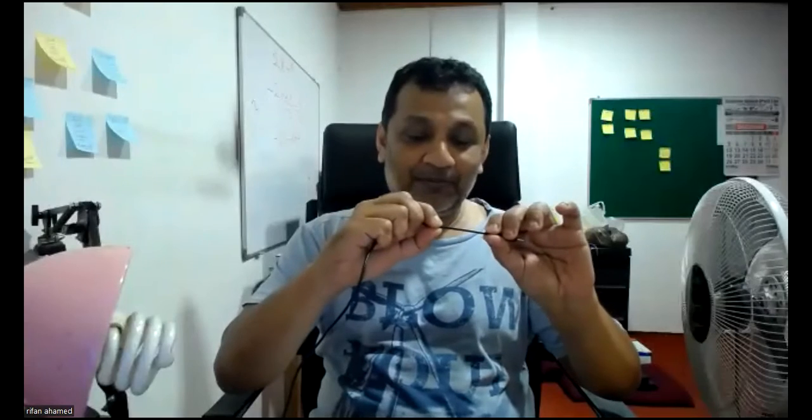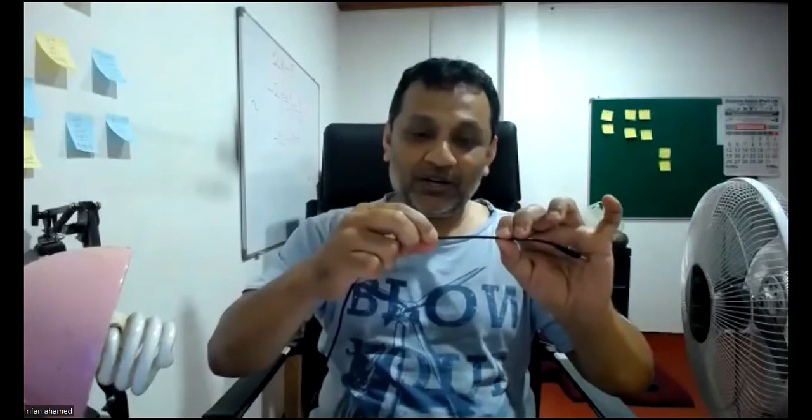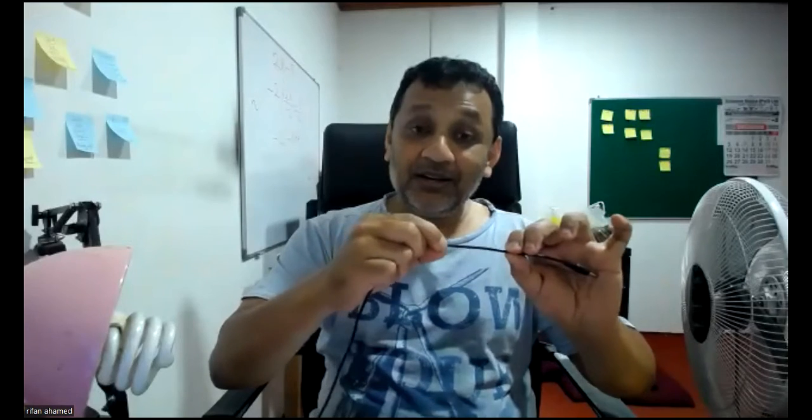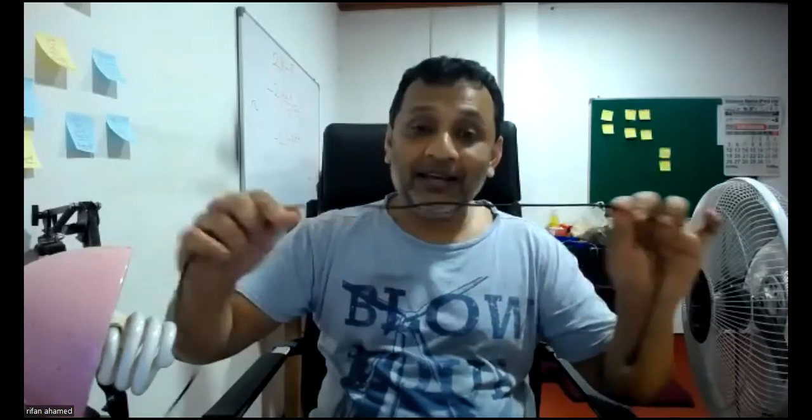If this is the DNA, here to here, what is it? One gene. Here to here, another gene. Here to here, another gene. Like this, if one chromosomal DNA contains many genes, 15,000 genes can be accommodated in 46 chromosomes.